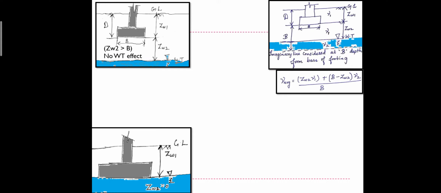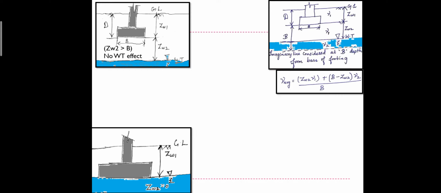என்ன பண்ணணும்? If the water table comes to the base of the foundation, again you have to find what is ZW1. What is ZW1 in this case? Always I said it is from the ground level to the base of the footing or from the ground level to the water table, whichever is smaller. In case 3, if you see, from the ground level to water table is same as from the ground level to base of the footing.